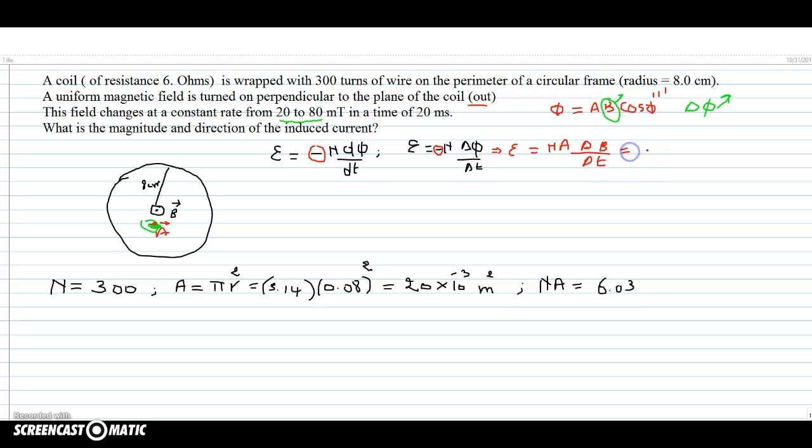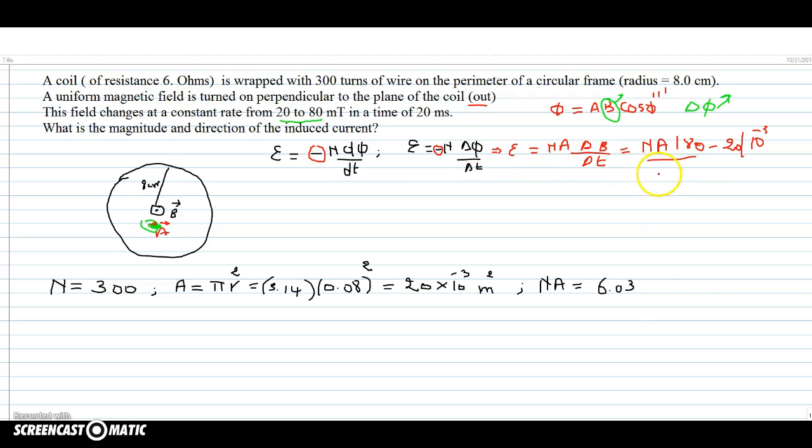So now this is just N and the area of the loop. The change in B in magnitude is final minus initial, that is 80 minus 20. Of course, milli means 10 to the minus 3.